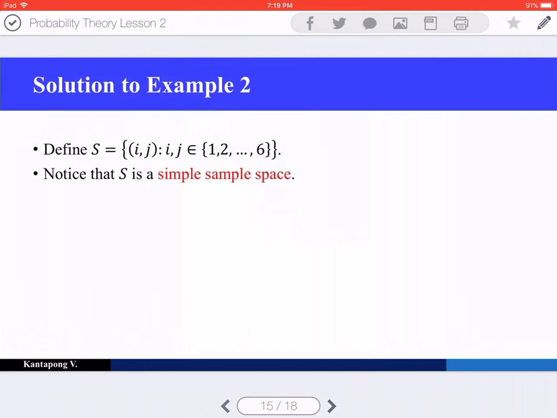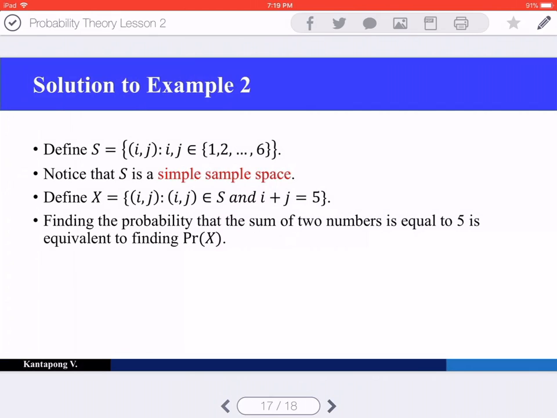So S is a simple sample space because we have listed all 36 outcomes and the dice are balanced. So define X as the pair (i, j), where (i, j) belongs to S and i plus j is equal to 5. Finding the probability that the sum of the two numbers is equal to 5 is equivalent to finding the probability of X. That means we are in the right direction.